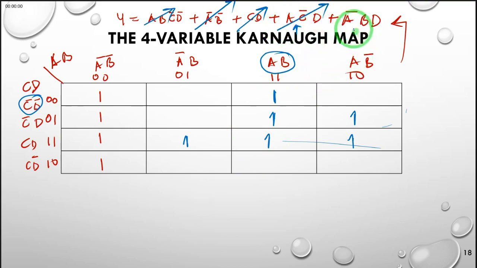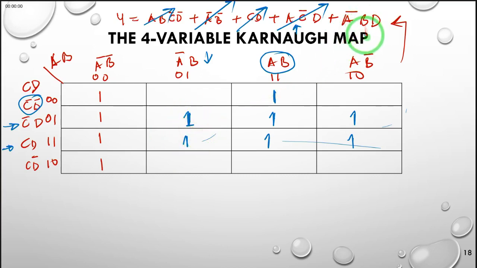And finally A bar D is found in this column, and D without bar is found in the second row and the third row. So where those two intersect, that is between this and, remember where I put these blue rows, that means this is where they intersect, and you put a 1 where these two meet. Because this already has a 1, I only add 1 in the one that is missing a 1.